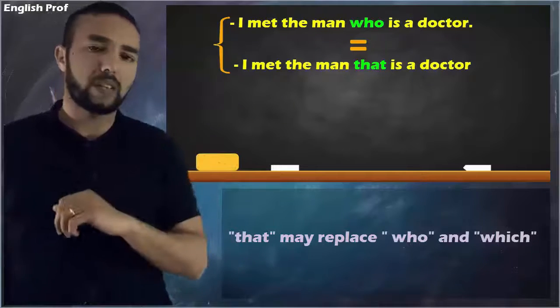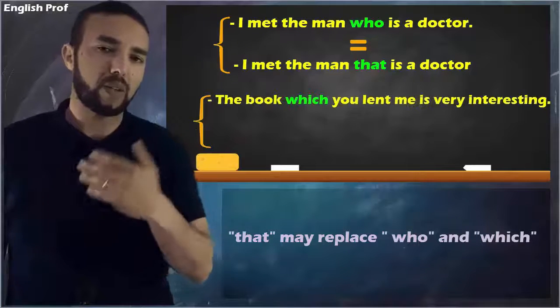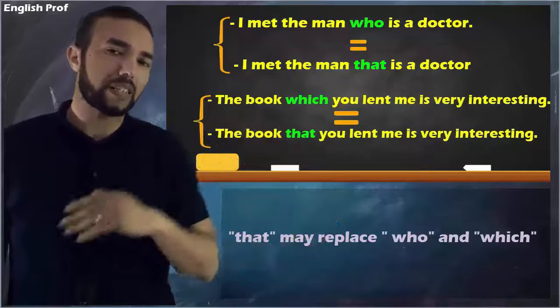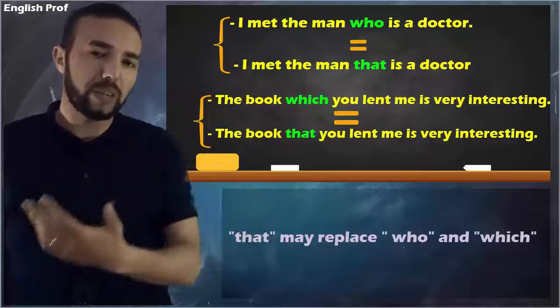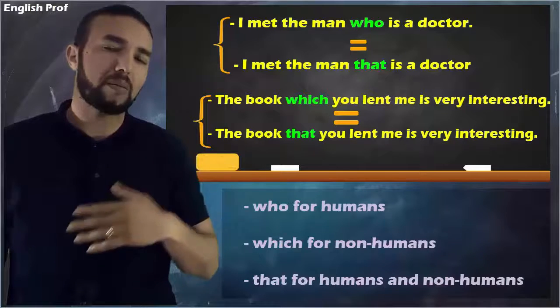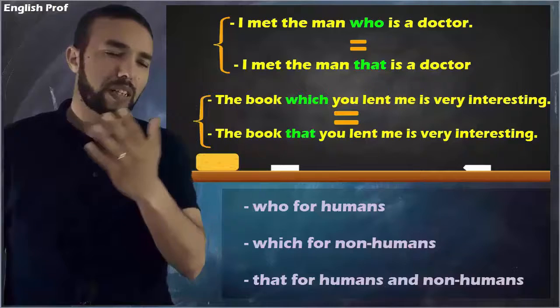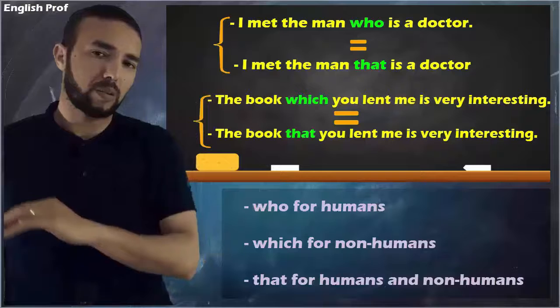The same thing. We could say, for example, the book which you lent me last time is very interesting, or the book that you lent me last time is very interesting. So who and which could be replaced by that. Who for humans, which for non-humans, and that goes for humans and non-humans.